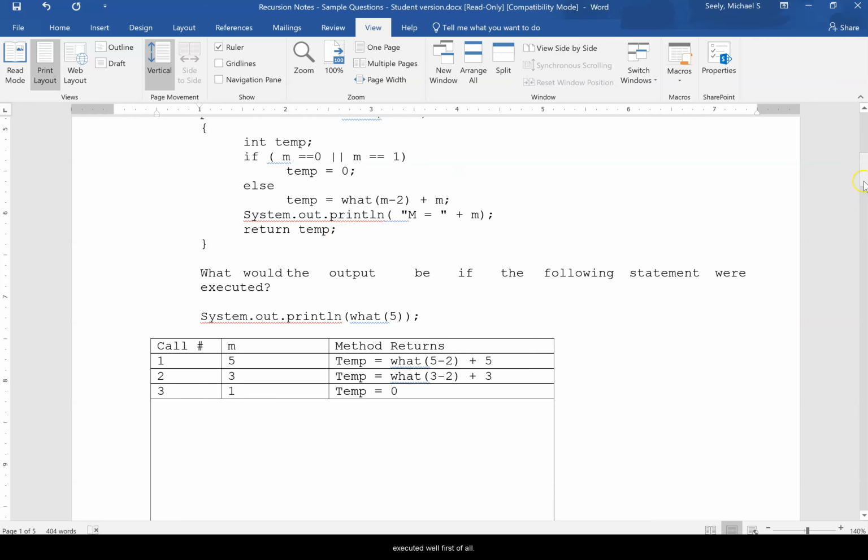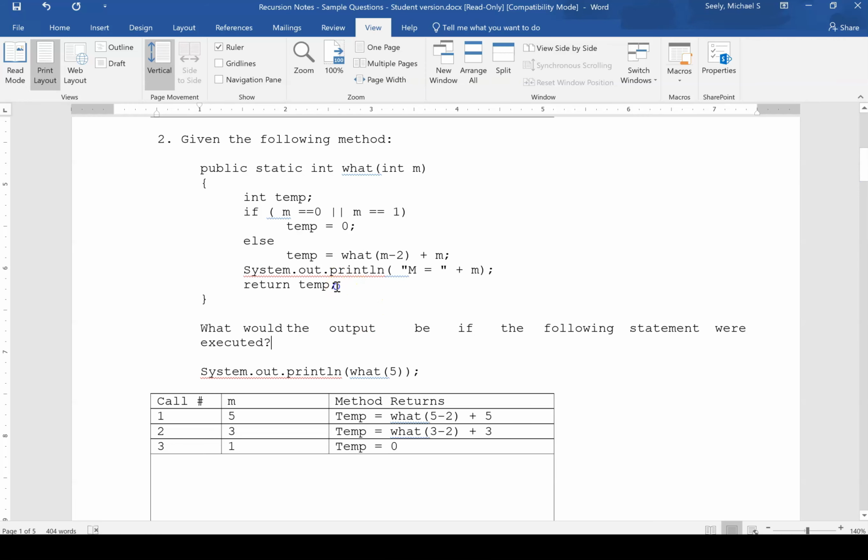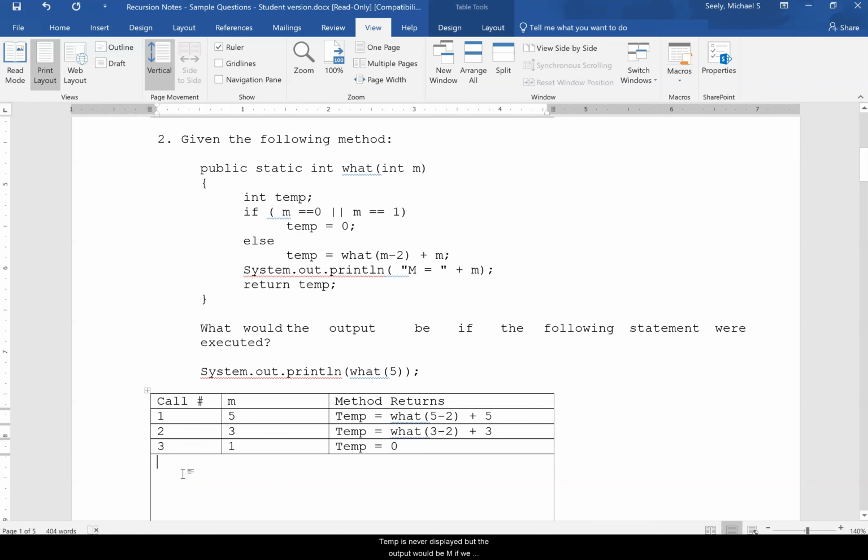Well, first of all, temp I guess is returned, so temp is never displayed, but the output would be m. If we go back up the stack, we have this m right here, m equals 1 at first, and then m equals 3, and m equals 5, okay? So that's kind of what's going on there.